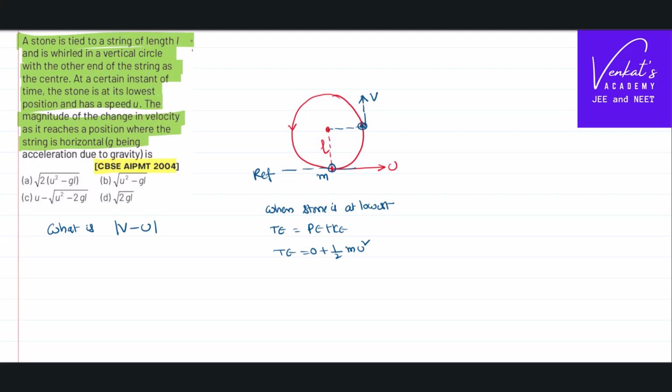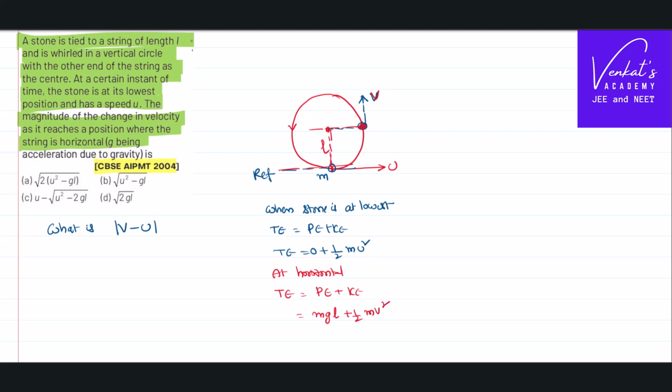Now it has gone to the horizontal. At the horizontal, let's assume it has a velocity v. Total energy is again potential energy plus kinetic energy. At this position, with reference to the bottom line, it is at a height L, so it has potential energy mgL.